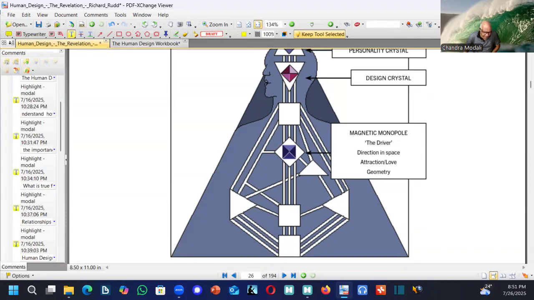The two ends of the channels are known as gates. We have 64 gates. That is how the entire body functions. If we really take Joe Dispenza's circle and map it, we get a lot more clarity in terms of our behavior. It's amazing, really. I was completely blown away as I was reading.